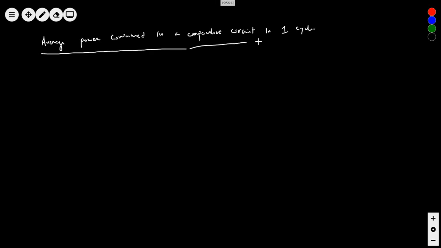So again, same way, I have an ideal capacitor here, connected to one alternating voltage source, E equals E naught sine omega t.